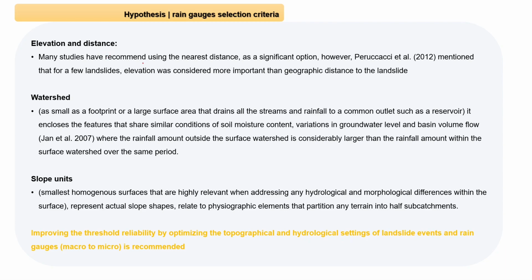Later on, if we choose this station and we process, it will increase the uncertainty in the result. So you will always suspect whether 10 millimeter is good to give us a landslide or something like this.